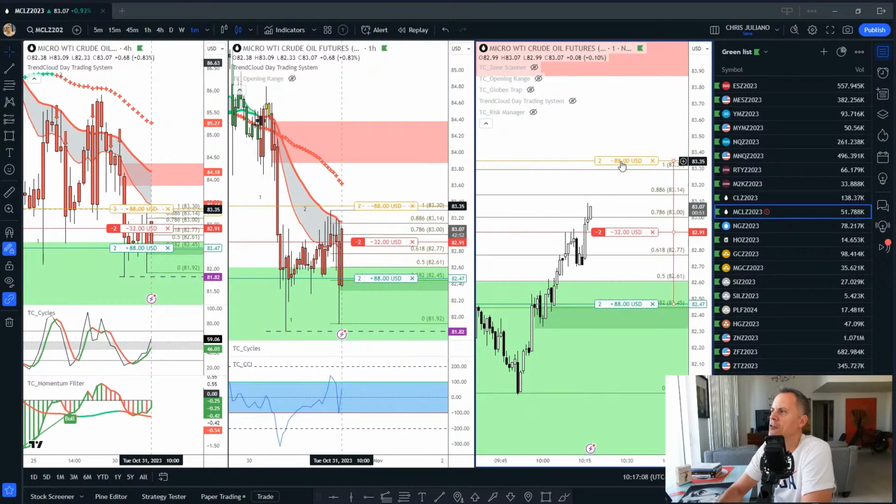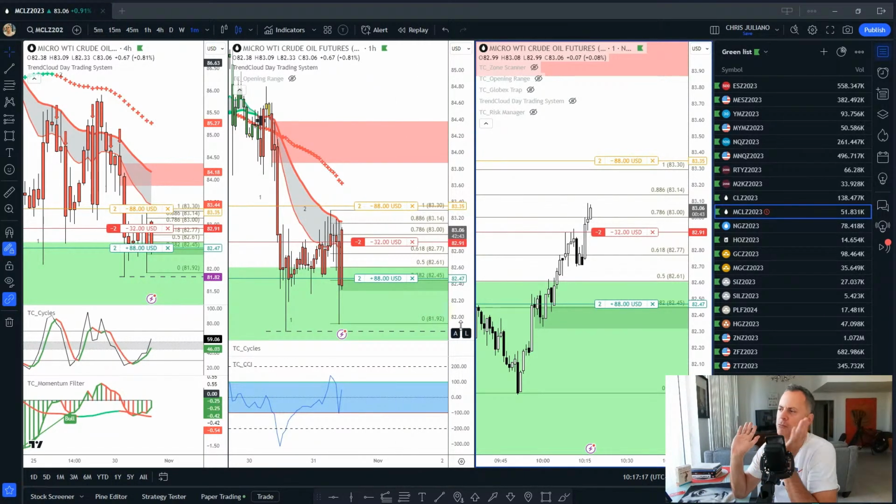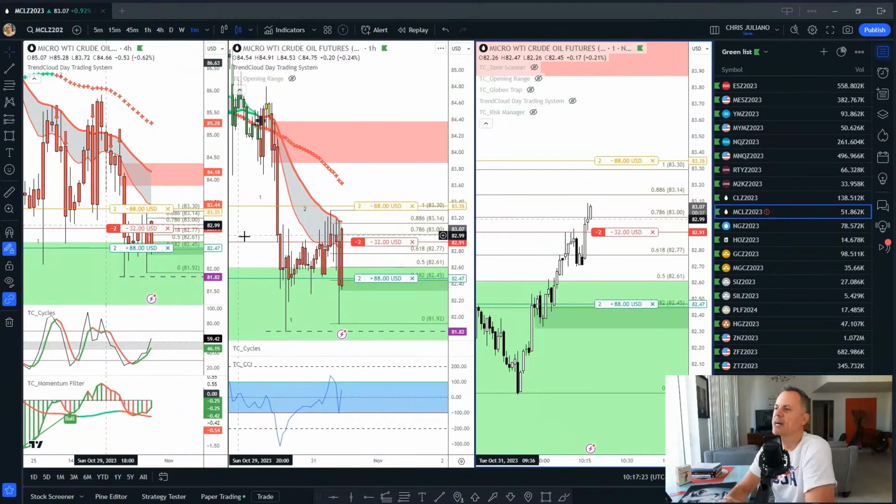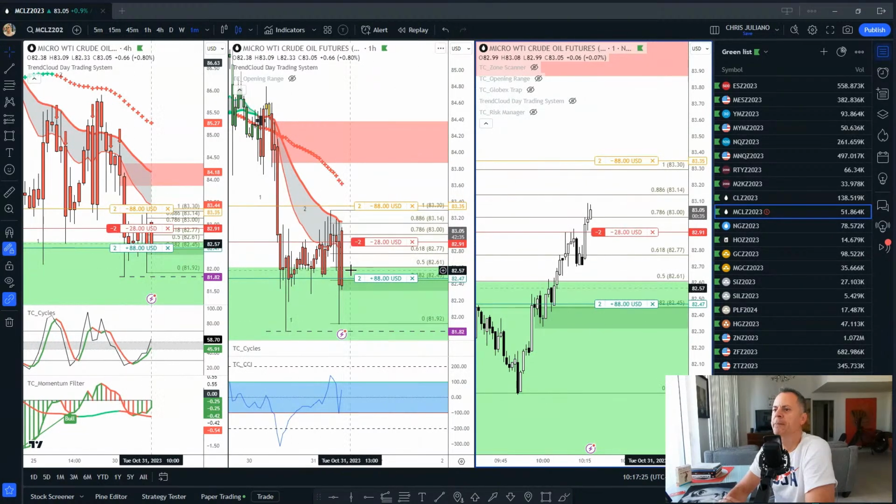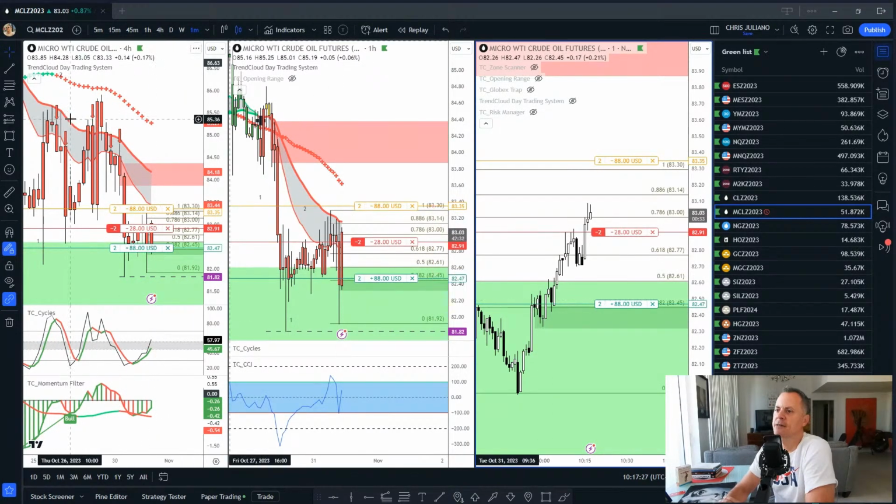So I'm putting the stop on that 1 hour structured candle, the 1 hour wick of this candle here. It's not our job to figure out what's going to work, what's not going to work. We're just following a process. We've got a downtrend here, right? And on the high time frame, we're correcting back up into the trend cloud.